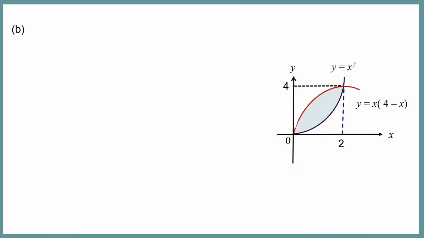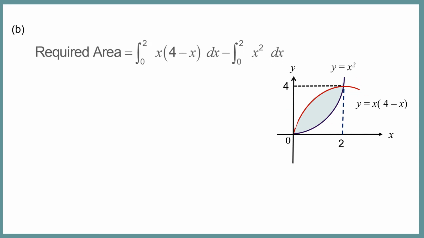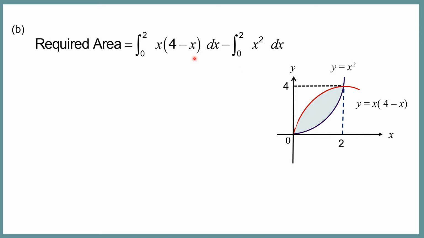Next, we find the area of the shaded region bounded by the two curves. The required area is the integral of the function x multiplied by 4 minus x from x equals 0 to x equals 2, which is the area inside the outer curve, minus the area inside the inner curve, which is the integral of x squared from x equals 0 to x equals 2.